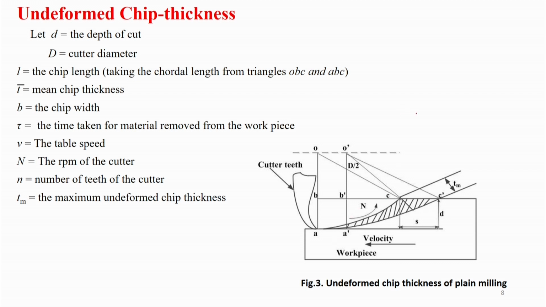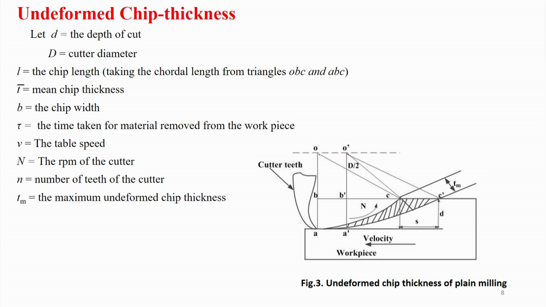Naturally, this is the case for up milling, because the cutter is rotating like this and the job is coming like this. But let us assume that the center of the cutter is here and it is actually coming here relative to the workpiece. Let us say the workpiece is stationary, so it will naturally come here.